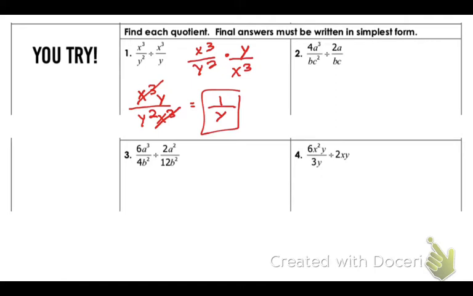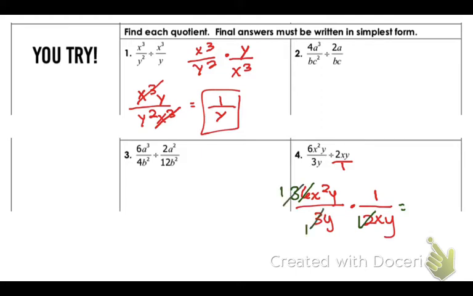Okay. Alright. Let's do 4. Now you're going to do keep, change, flip. Technically this is over 1. So now you're going to simplify this. Canceling or simplifying those. So I'm left with 1s.